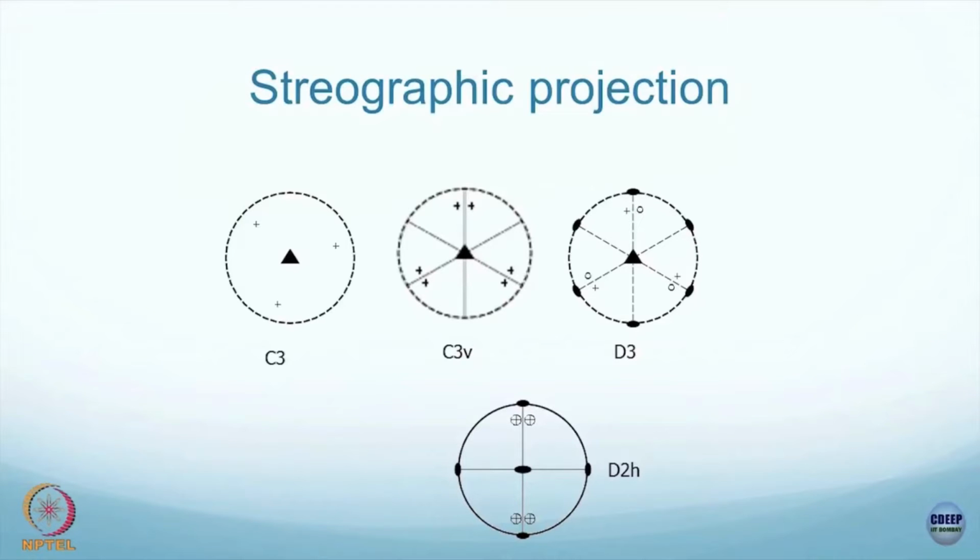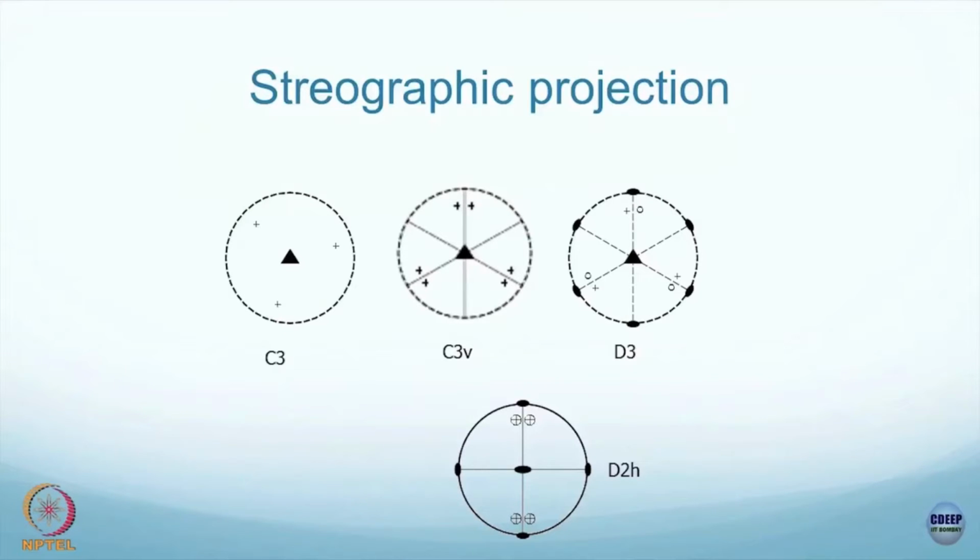Okay. So, just to show you more, C3, I can put these 3 hydrogen atoms here. Okay. If you take C3V, then by mirror reflections you can have one more element added here this way. If you do D3, it is this. Okay.